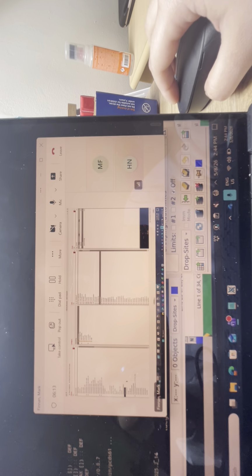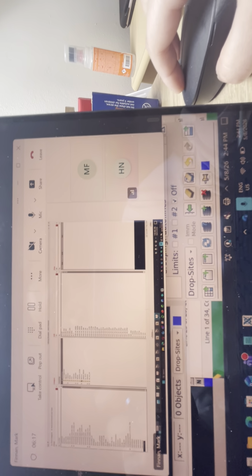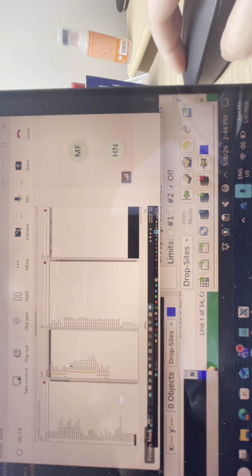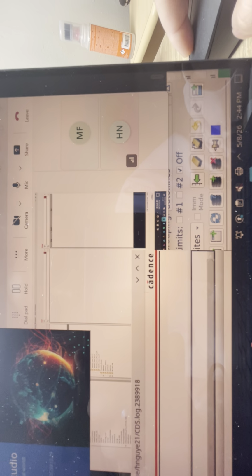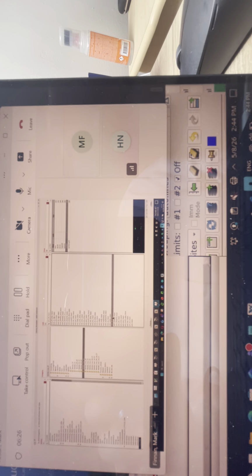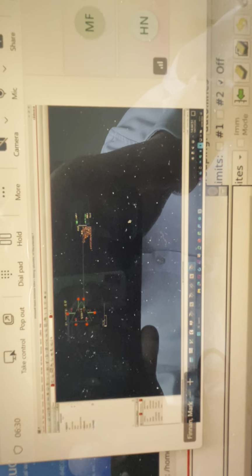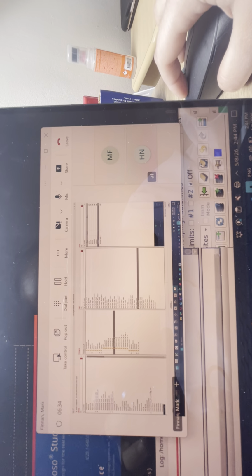So okay, all right. You've got the resistors there as well.